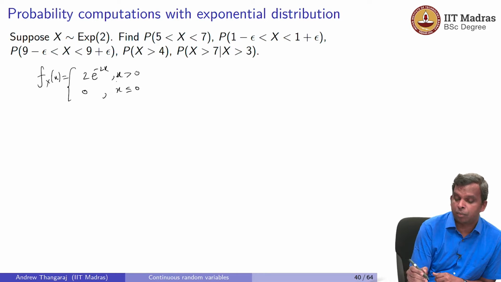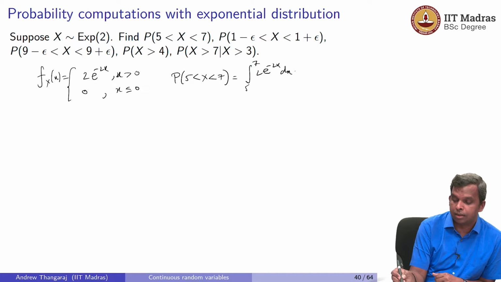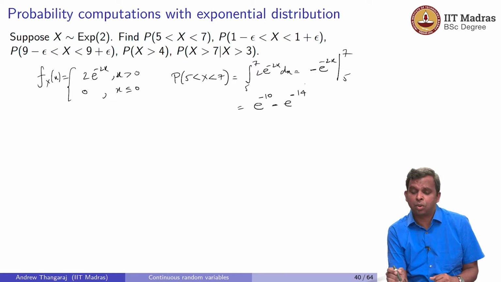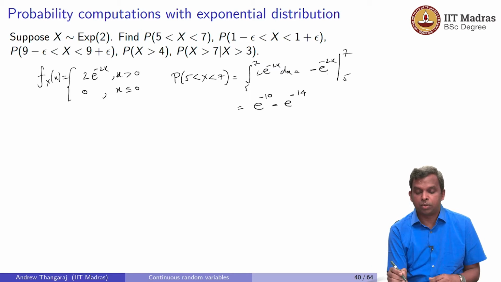If you want the probability of 5 less than X less than 7, it's the integral from 5 to 7 of 2 e power minus 2x dx, and this integral is minus e power minus 2x between 5 and 7. So it's e power minus 2 times 5, which is 10, minus e power minus 2 times 7, which is 14. So e power minus 10 minus e power minus 14, after the minus signs flip around.